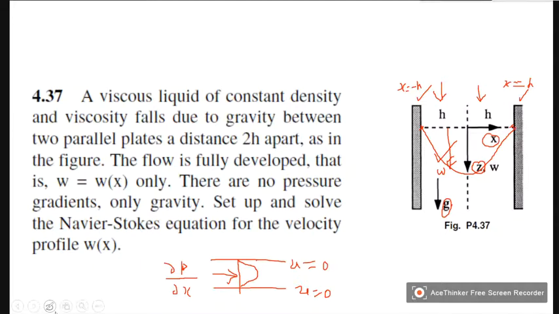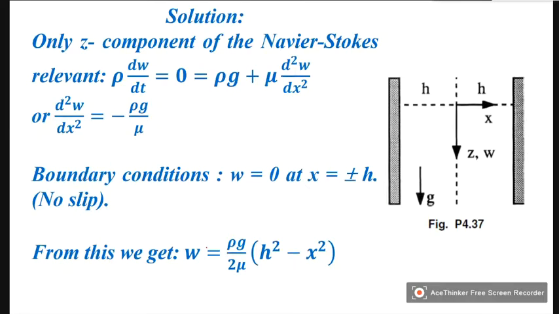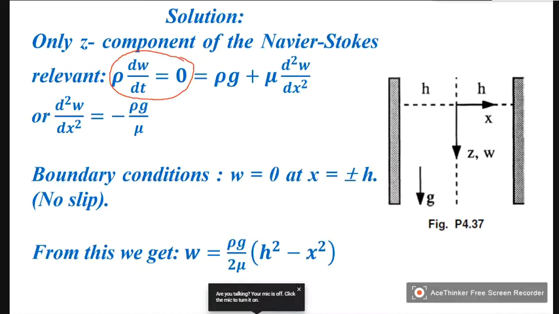So what we have to do is consider the z component of Navier-Stokes equation. So if you consider all the boundary conditions and things, we get that the left hand side of the Navier-Stokes equations will be 0. Entire thing is 0. You can verify.